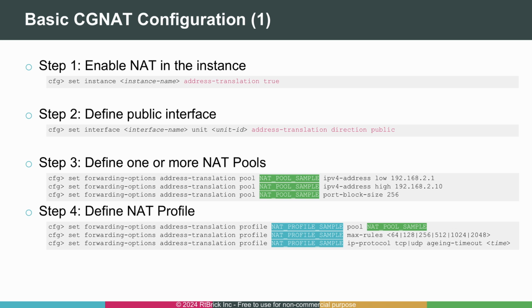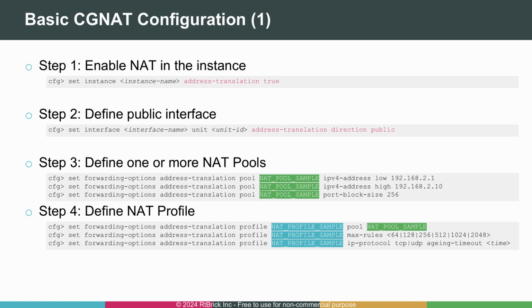The pool is specified by defining the first and last addresses of the range. If multiple NAT pools are required, they can be daisy-chained using the next pool command. After that, you define the NAT profile. The most important component of the NAT profile is the mapping to a NAT pool. Optionally, you can define the maximum number of translation rules per user and configure protocol aging timers.